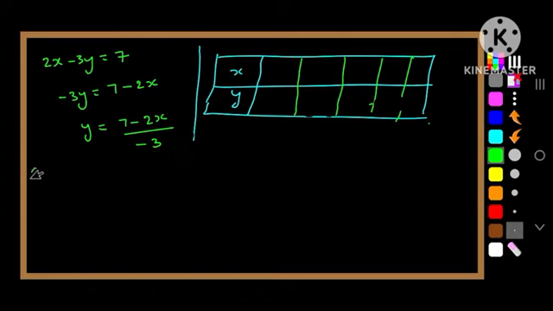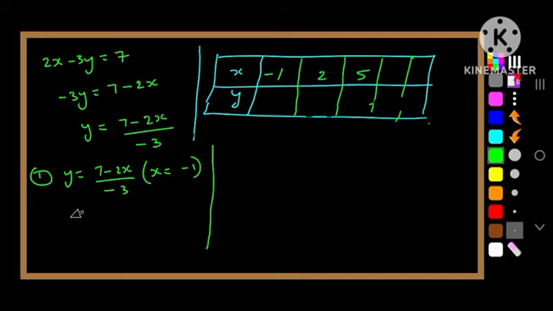So let us take the values of x: minus 1, 2, 5. Randomly you can take any numbers. So here I am taking minus 1 to 5. Now you have to put these values in this equation and find the y value. So here x is equal to minus 1 I am taking.